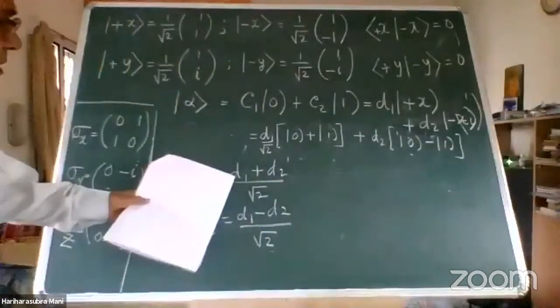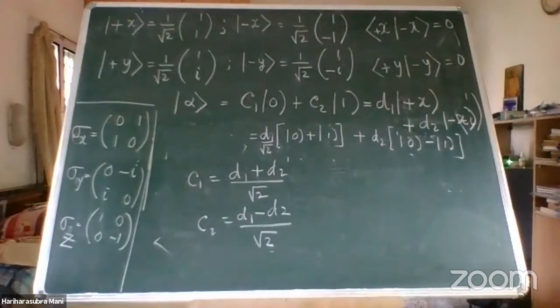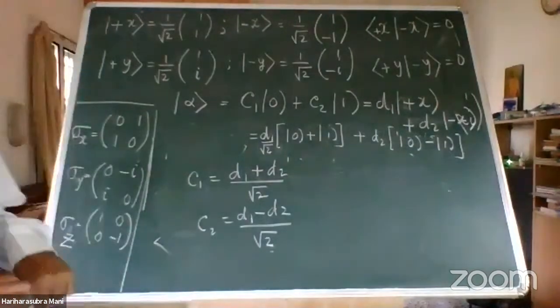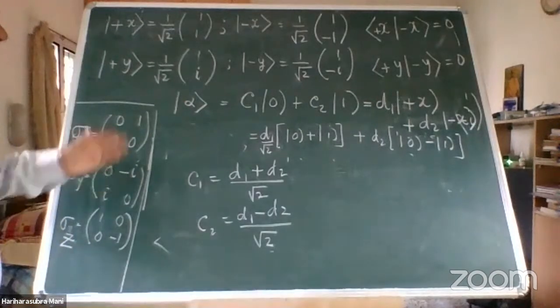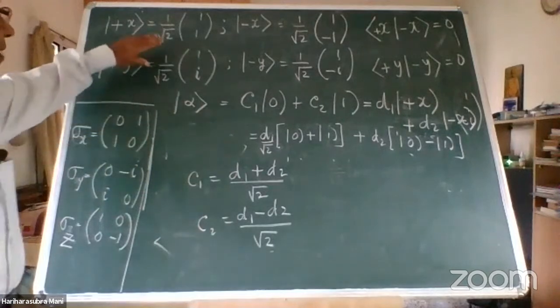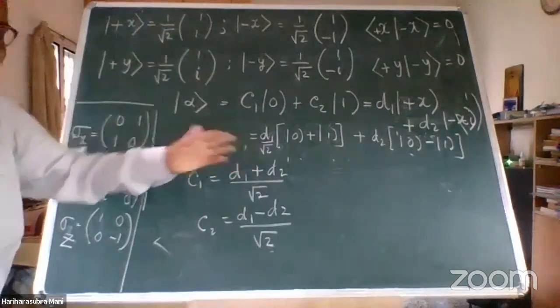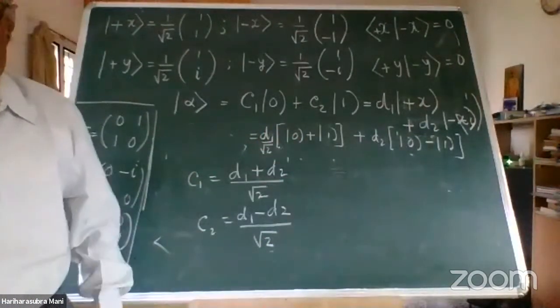Or I can write down D1 and D2 in terms of C1 and C2. It doesn't really matter. I can go from one orthonormal basis to another orthonormal basis. And this is the procedure to do it, the way I have said it. That is, you express each one of the orthonormal basis vectors of this in terms of the other basis, and then that is a linear vector. So I can add it up and find out the answer to the previous case.